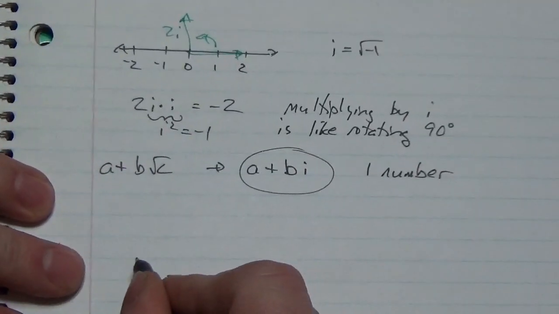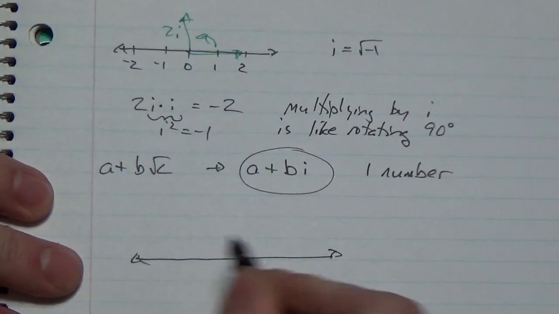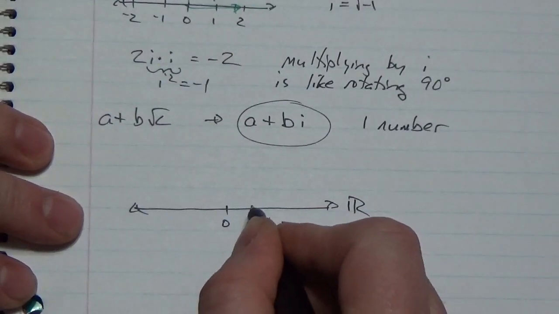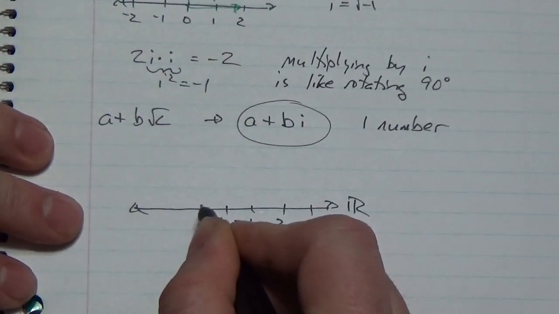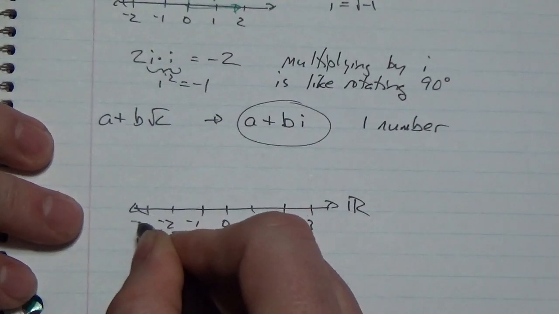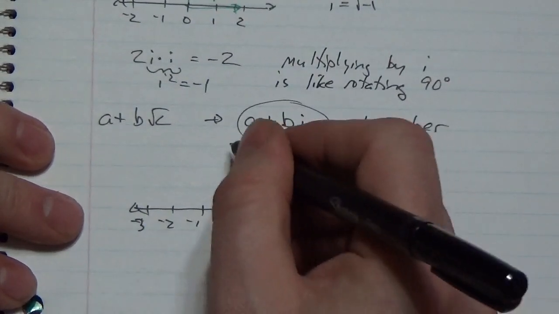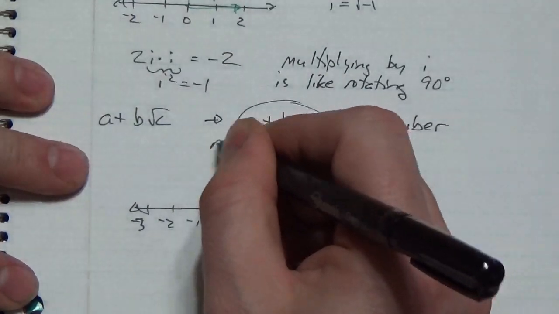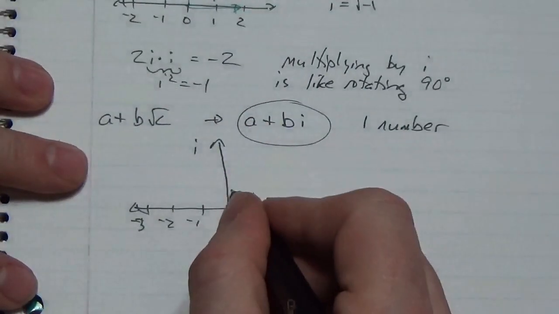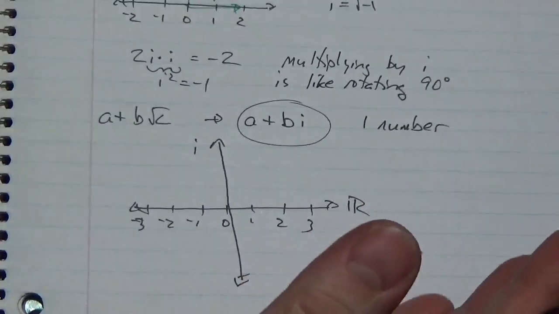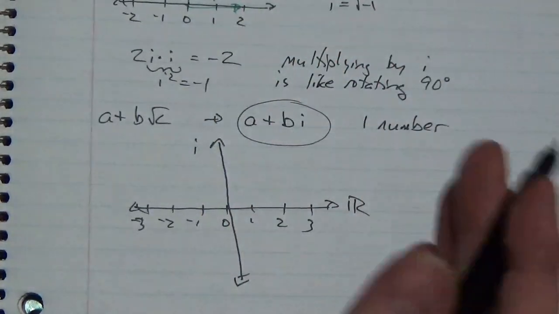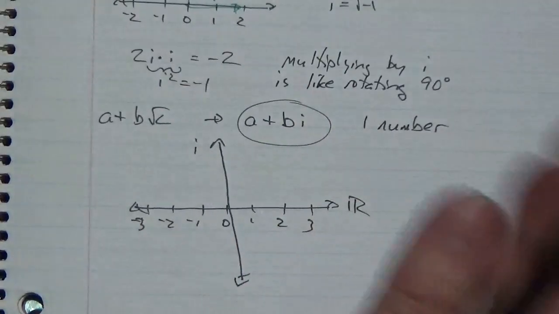So now what I've got is this real axis. Here's my 0, 1, 2, 3, -1, -2, -3. And then I'm going to have this imaginary axis going up and down. And remember, the i simply causes a rotation, but I can rotate any number I want up 90 degrees.